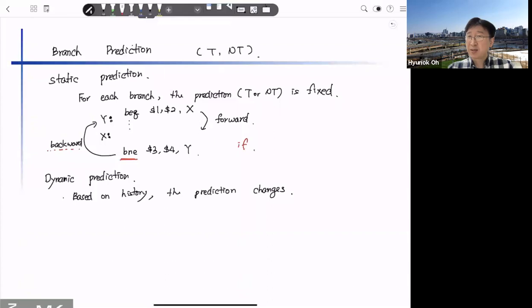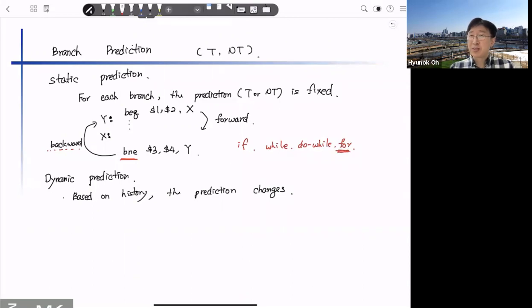If statement and while, right? Do while, for, this kind of statement can generate the branch instruction, right? Okay, so when you implement this for loop, do you remember the structure?